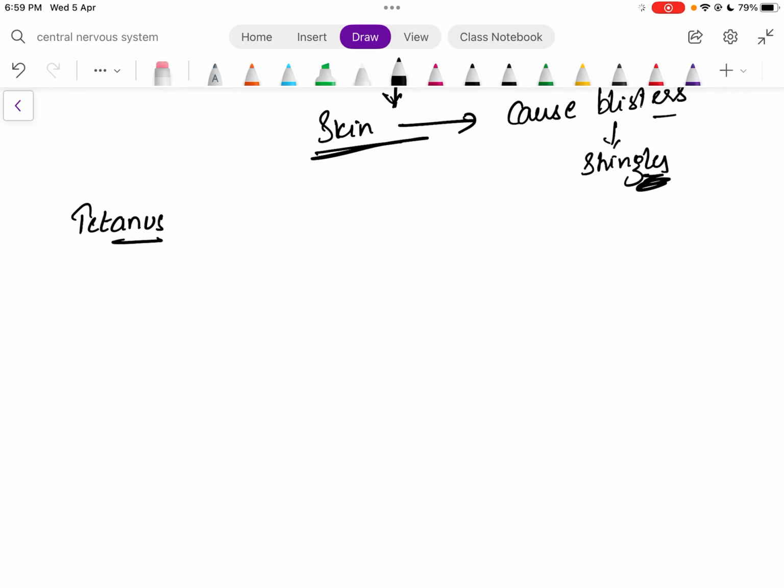And toxins can also be transported, like tetanus toxin. It can enter through dirty wounds.